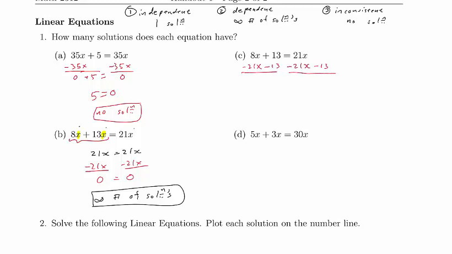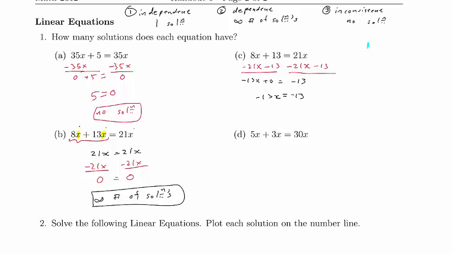Okay, and when we do this, we have 8x minus 21x right here, and that equals negative 13. So basically we have negative 13x equals negative 13.